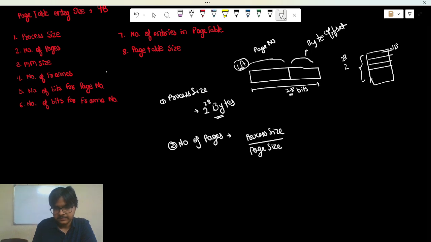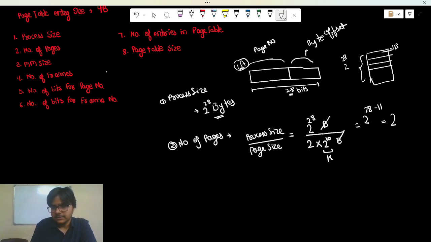Your process size is 2 raised to the power 28 bytes divided by page size 2 KB, that means 2 multiplied by 2 raised to the power 10, this is for kilo, and this is also bytes. So bytes cancel. This will become 2 raised to the power 28 minus 11, so it will be 2 raised to the power 17. So you have 2 raised to the power 17 pages.